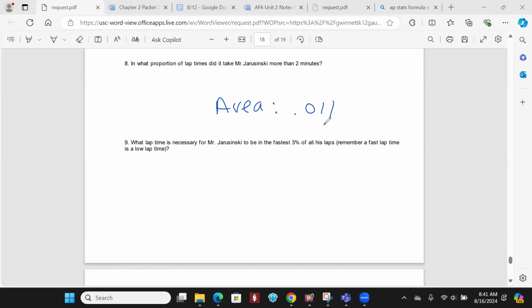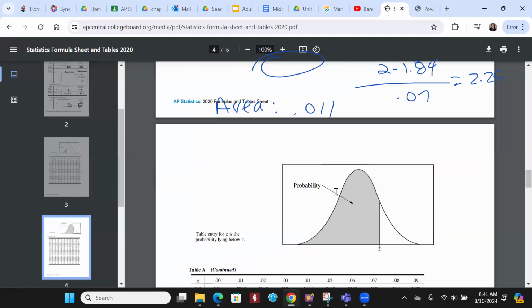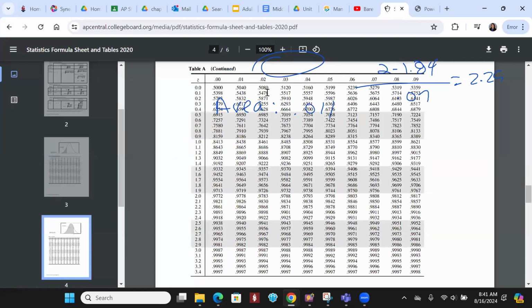Remember, it says more than 2 minutes. So you should have said 2 minus 1.84 over 0.07. Z-score is 2.29, right? Okay, then we're going to go to the table, to the positive page, down to 2.2 and over to 0.09.